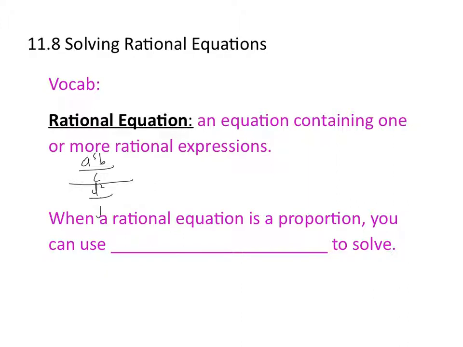That would be an example. A mixed expression would also be an example, such as 4 plus 5 over x minus 3, or just a fraction containing variables or numbers, which could be x over x minus 2. So those are three examples of a rational equation.